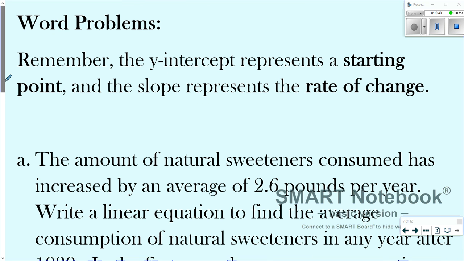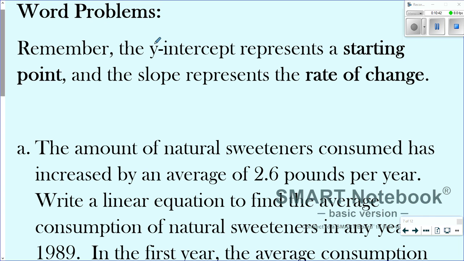So for the word problem, it says, remember the y-intercept represents the starting point. So the y-intercept is the b, and the slope, which is our m, represents the rate of change. That means how far up or down and then left or right you go from the starting point, which is the y-intercept.